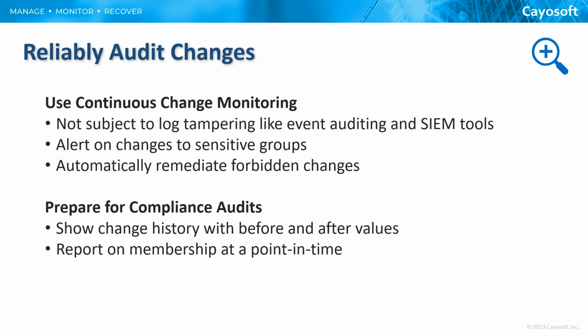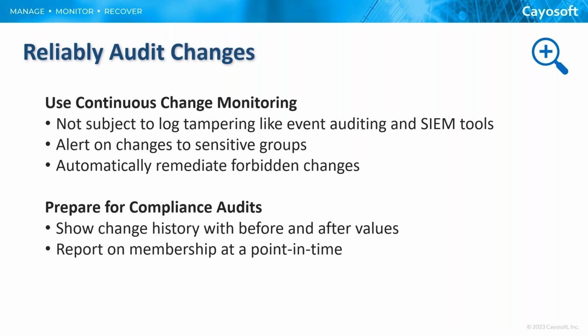Prepare for compliance audits or security audits. You're going to look for change monitoring that shows before values and after values, and one that can, especially with compliance audits, report on point in time memberships for groups. So who had access at this moment in time.